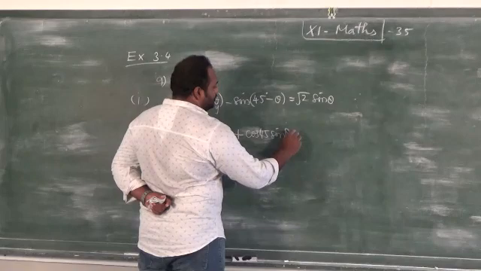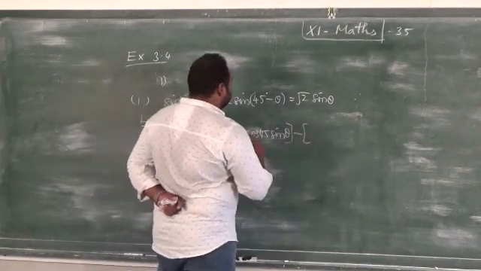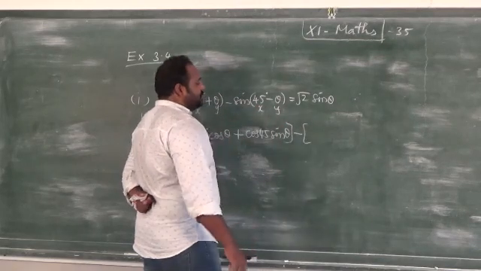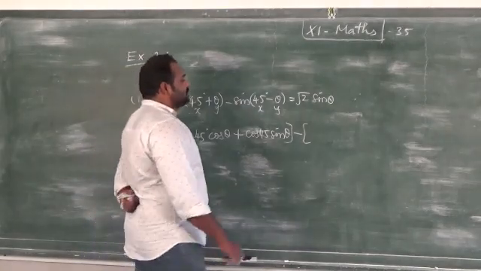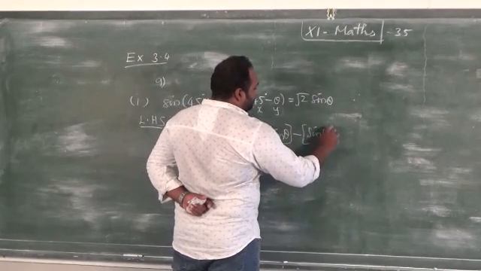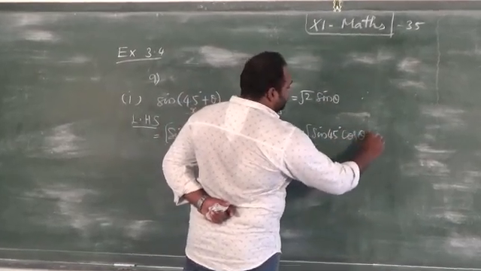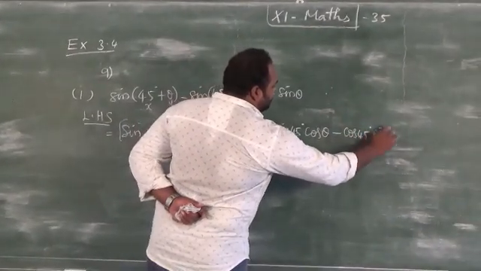Here minus, the sin x minus y formula. What is the x minus y formula? Sin x cos y minus cos x sin y. So sin 45 cos theta minus cos 45 sin theta.